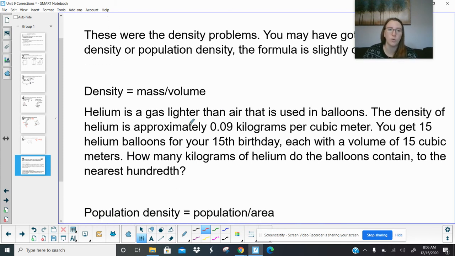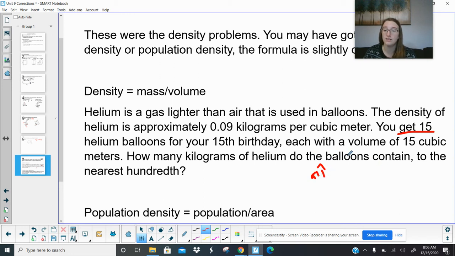So if this was your question, density equals mass divided by volume is the formula you should have used. But here's the thing, and I gave half credit for this if I realized that you did not realize there were 15 balloons. This question says, how many kilograms of helium do all the balloons contain?